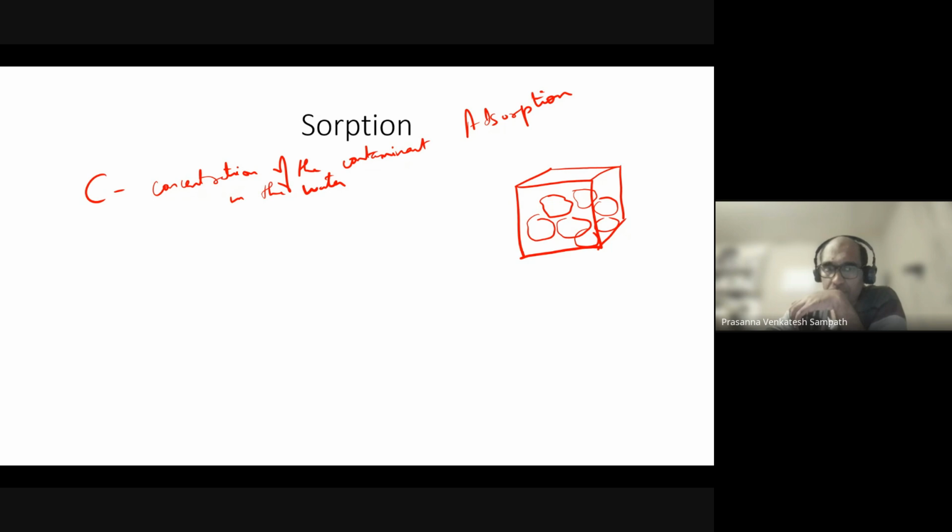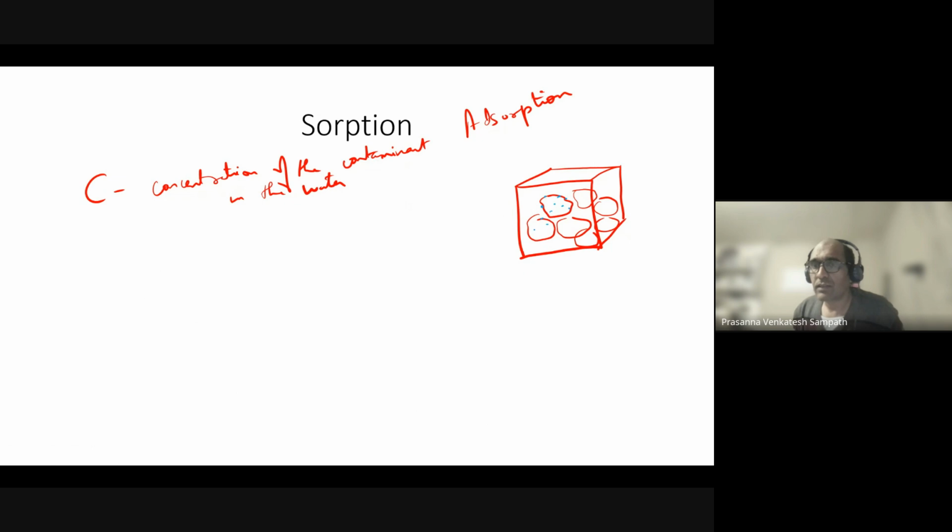Let me just use a different color to denote that. Let's say the contaminant is getting adsorbed onto the surface of the soil particles, right? So you'll have them on the surface.